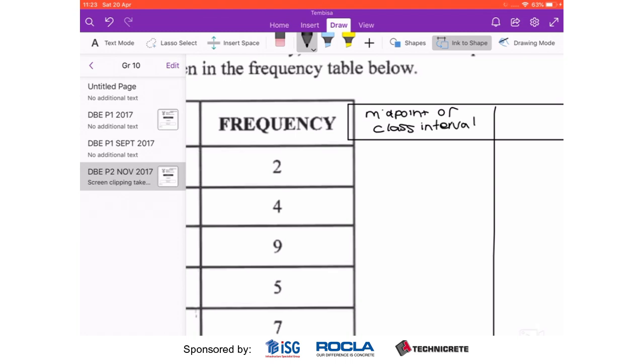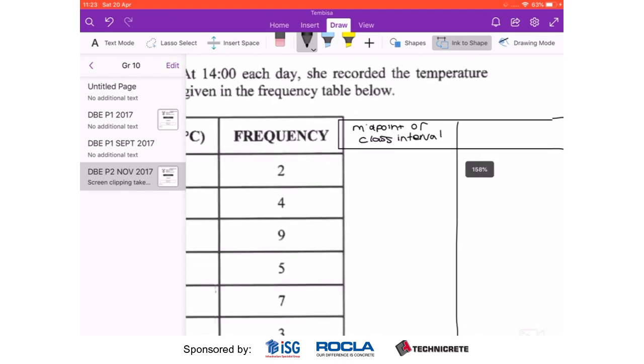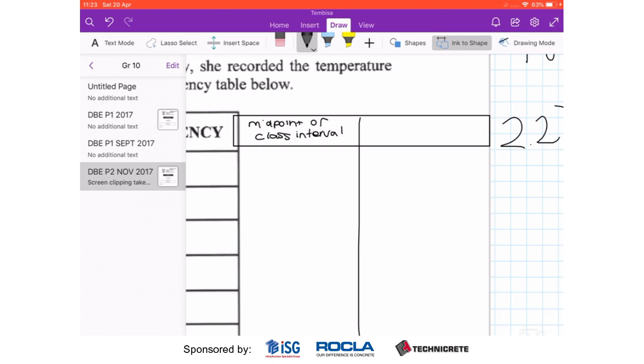So this is the method that you should use when you're finding the mean of grouped data or class intervals. Then frequency times midpoint.